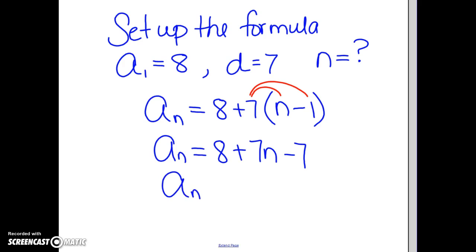My a sub n is equal to 8 minus 7, which is 1, plus 7n. So I have found the formula for any pattern that is arithmetic, where the first term is 8 and the common difference is 7. And that will let me find any term I need to find.